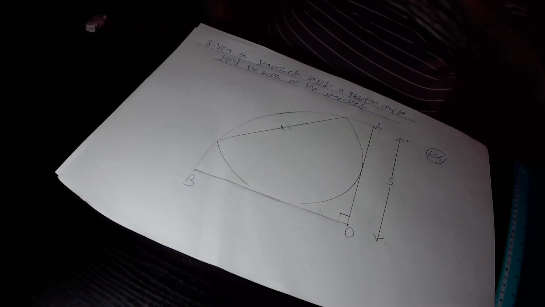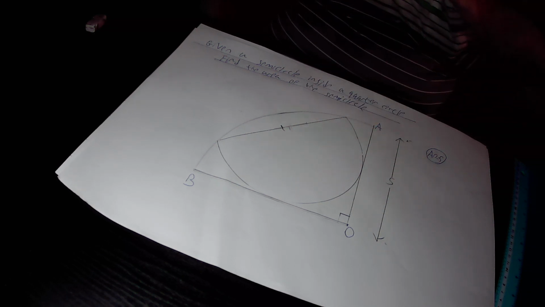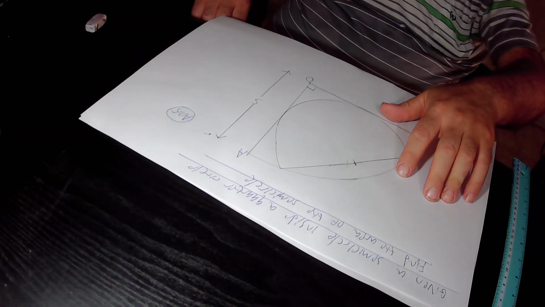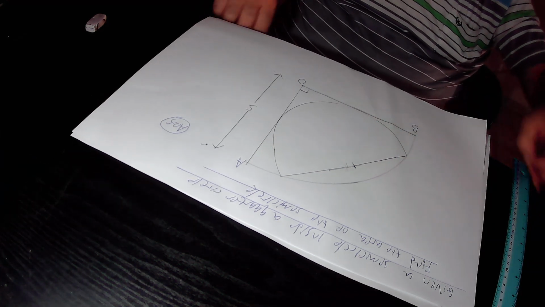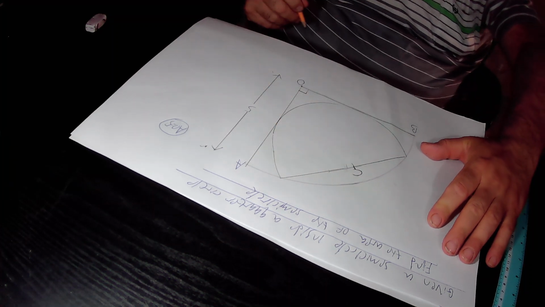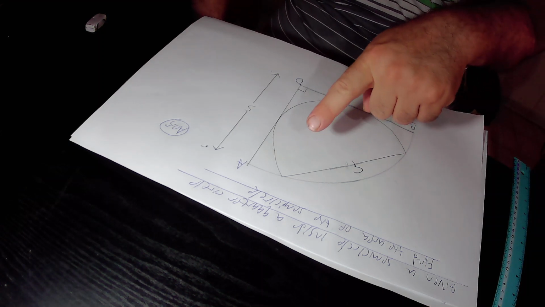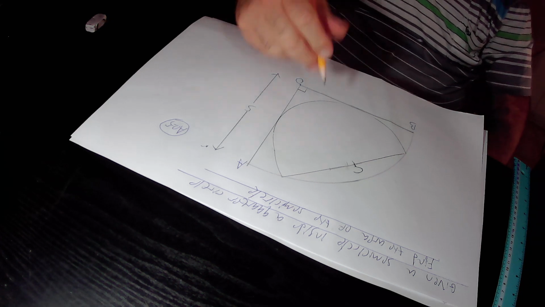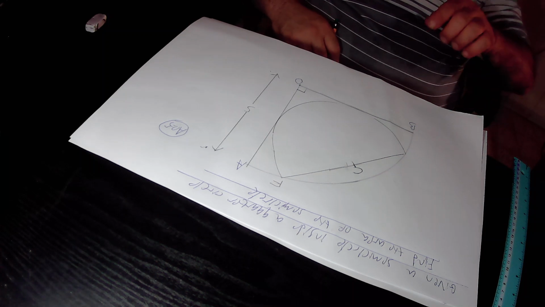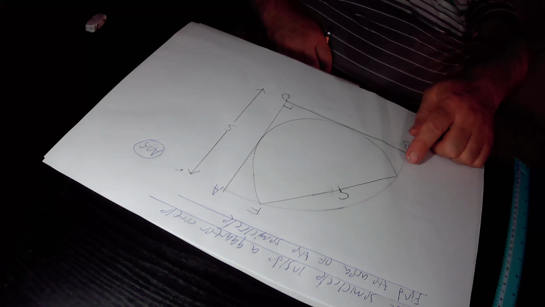First of all, we will define the center of this semicircle. This point is point C. We will define the touching point of the semicircle with this quarter circle. This point is point F. We will define this touching point of the semicircle with the quarter circle.